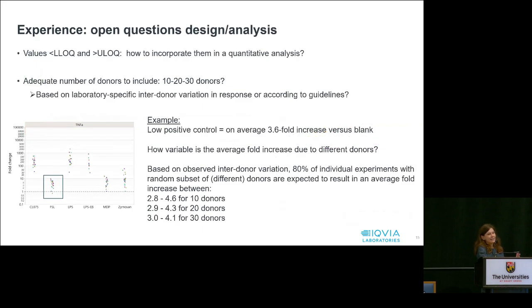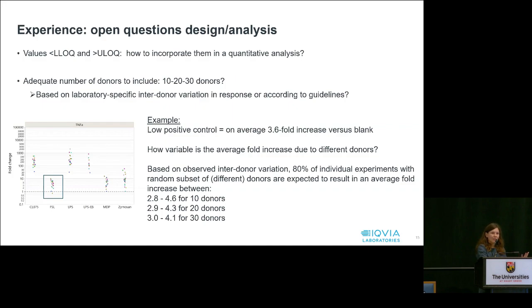I listed in this slide some open questions that have some kind of statistical aspect. So the first one is, we all agree, and of course we should do a quantitative analysis, but we do have an assay where we can have a lot of values that are outside the limits of quantification.